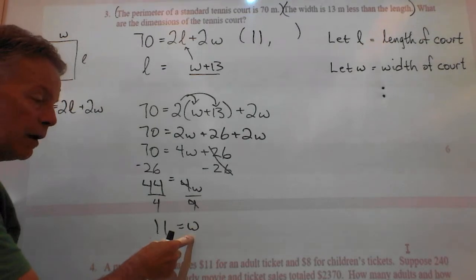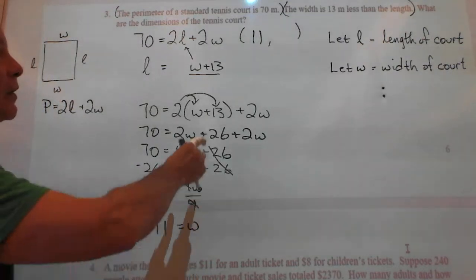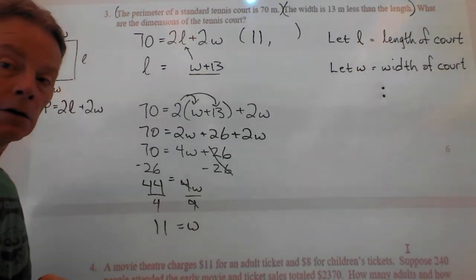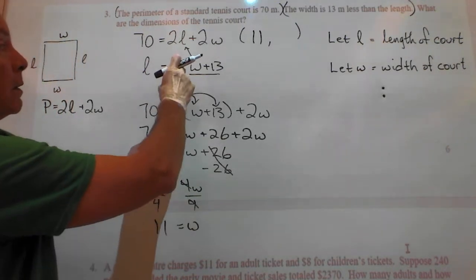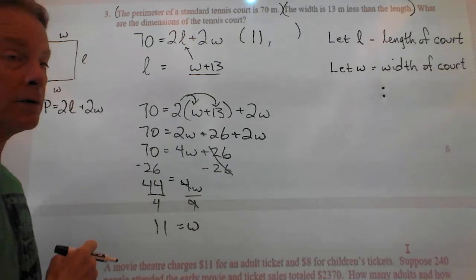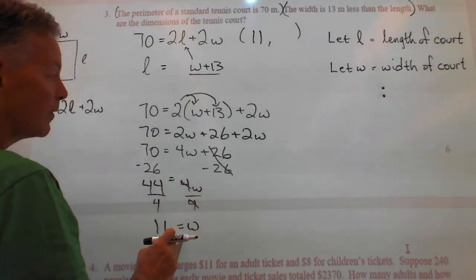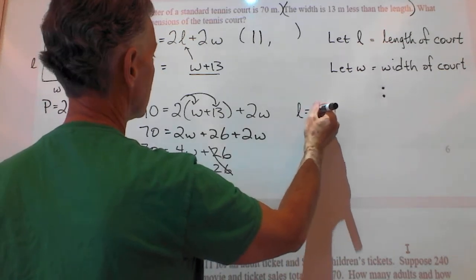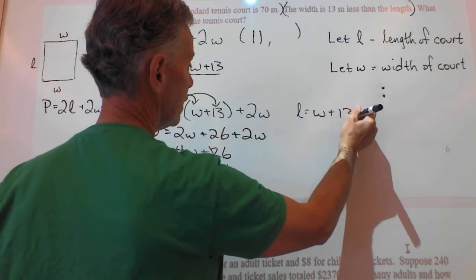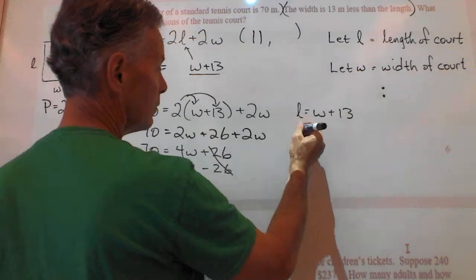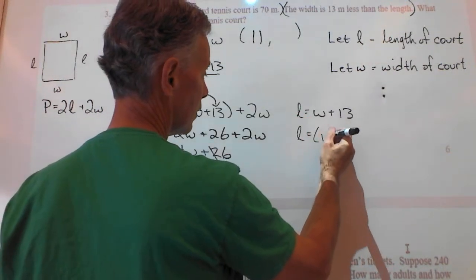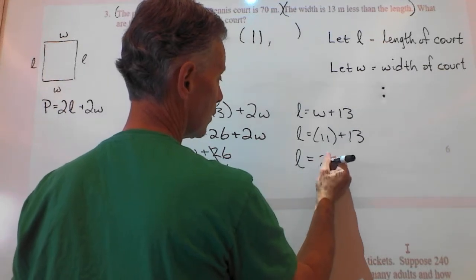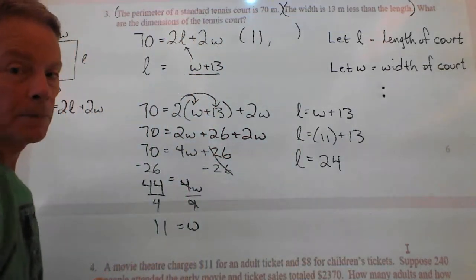Last step. Take your value for W for the width, substitute it into either one of these equations, and again, be lazy, use the simpler equation. So if our value for W is 11, we can take this equation, L equals W plus 13. We can sub our value for W in, L equals 11 plus 13, L equals 24.